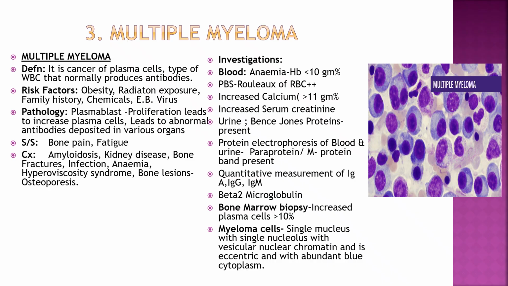Quantitative measurement of immunoglobulins IgA, IgG and IgM increased, beta-2 microglobulin present. Bone marrow biopsy shows increased plasma cells, more than 10%. Myeloma cells have a single nucleus with a single nucleolus, vesicular nuclear chromatin, and are eccentric with abundant blue cytoplasm, which you can see in this picture.